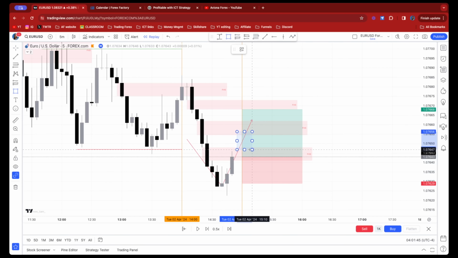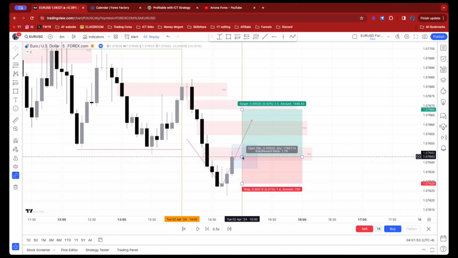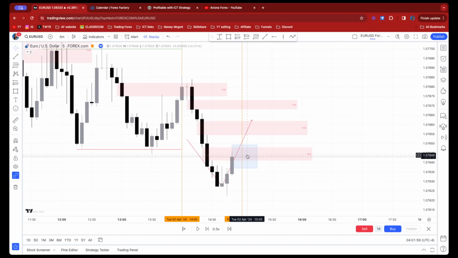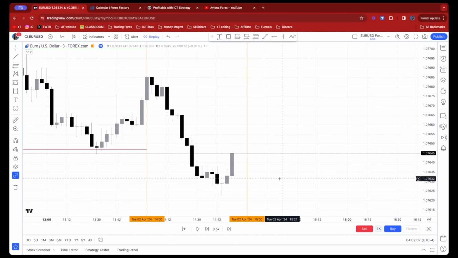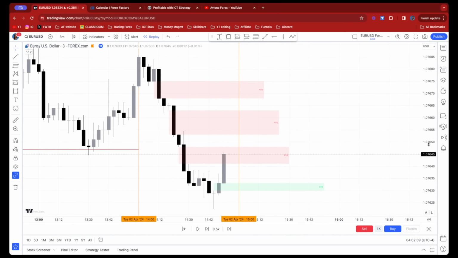Let's say it's here. I want to be entering the trade here for the price to go higher. I doubt that this is going to be the case. Also, please always notice the time. It's 2:50. So our silver bullet time is about to be over and the price is just starting to reverse. So the chances are getting lower and lower of me entering a trade.